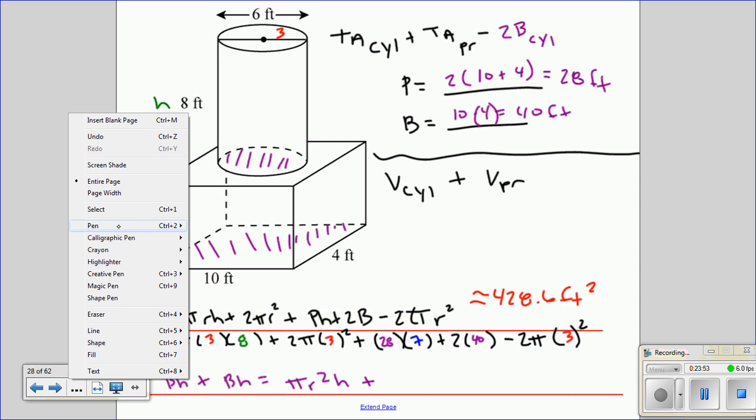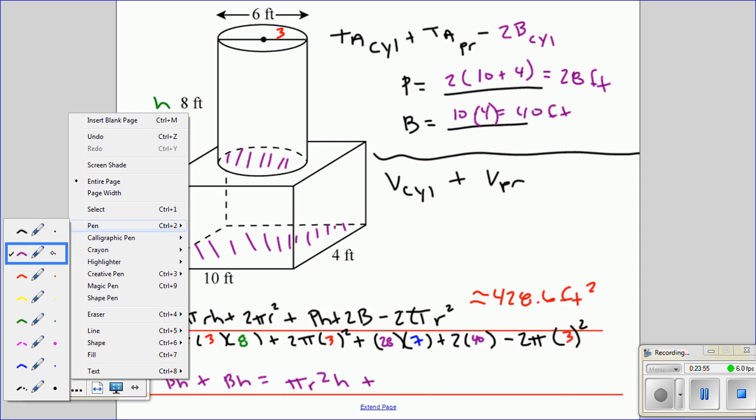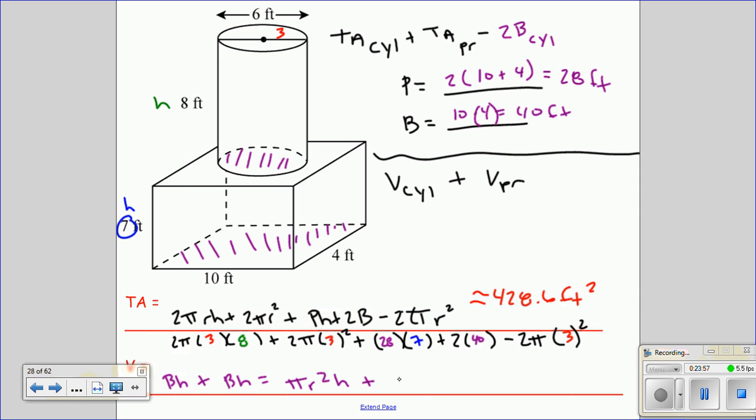So since it's a rectangular prism, we can just use length times width times height. So that's pi times our radius squared times our height plus length times width times height.